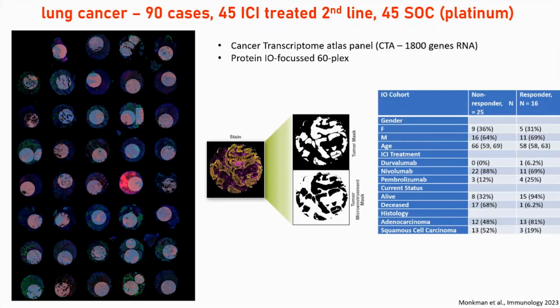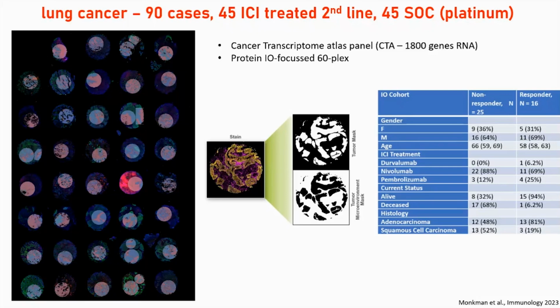We gated on non-cytokeratin to effectively get the tumor microenvironment. So for each patient sample, you've got representation of tumor and what the microenvironment or stroma signal is. Then we could look at how these parameters, measured at RNA using an 1800-plex assay and a protein 60-plex assay, associated with response and resistance to therapy.